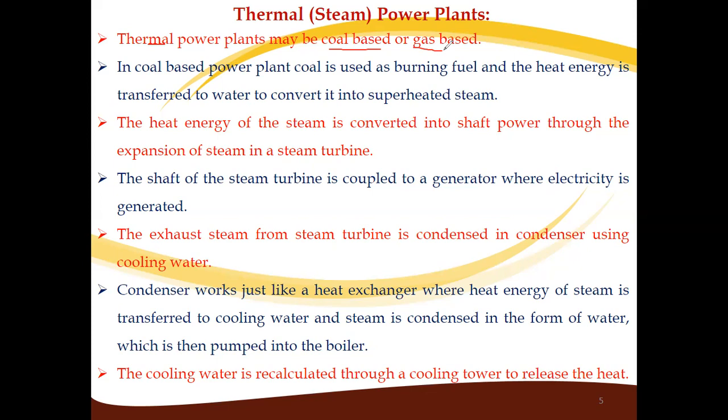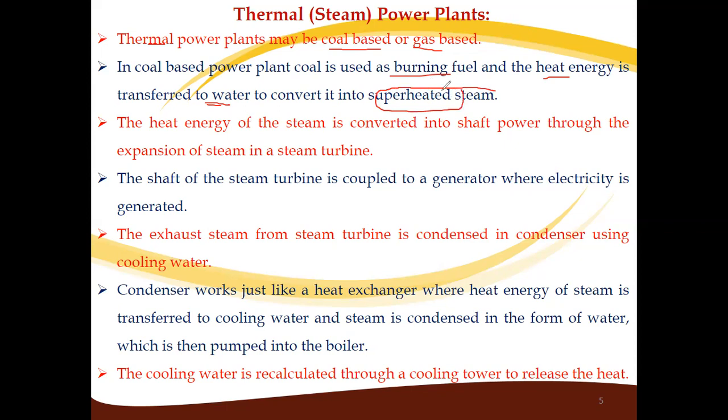It may be called a thermal power plant, a steam power plant, a coal based power plant, or a gas based power plant. In a coal based power plant, we burn fuel, that is coal, and the heat energy produced after burning is transferred to the water, and we convert water into steam, called superheated steam.